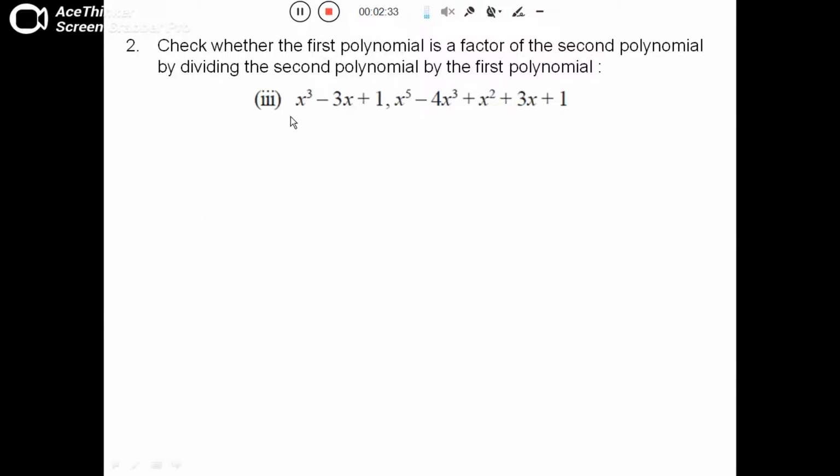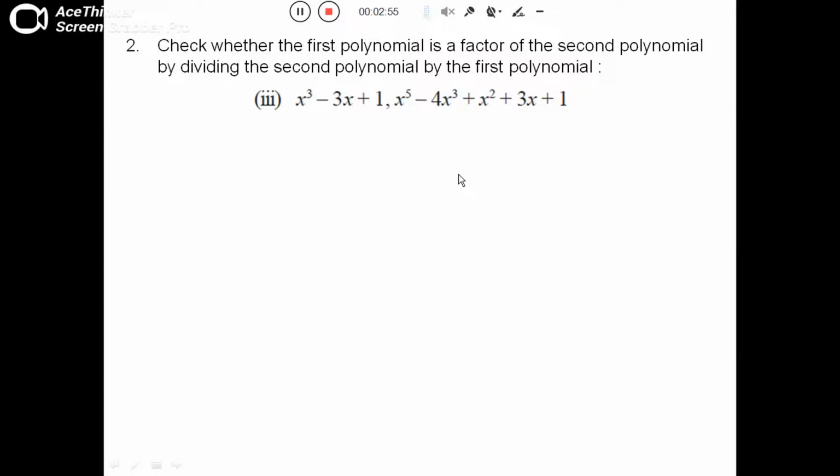The first polynomial is given as x cube minus 3x plus 1, which means this is the divisor, and the dividend is x raised 5 minus 4x cube plus x square plus 3x plus 1. So let us start the division.